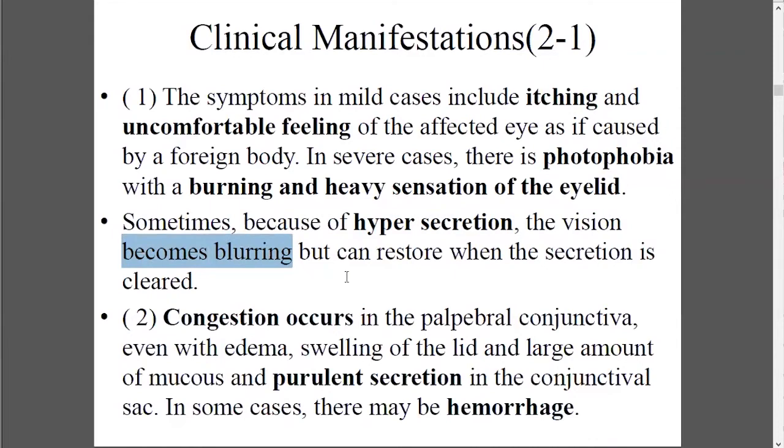And those secretions going to the conjunctival area can even cause edema and swelling in the eyelid. So we say those are local effects.